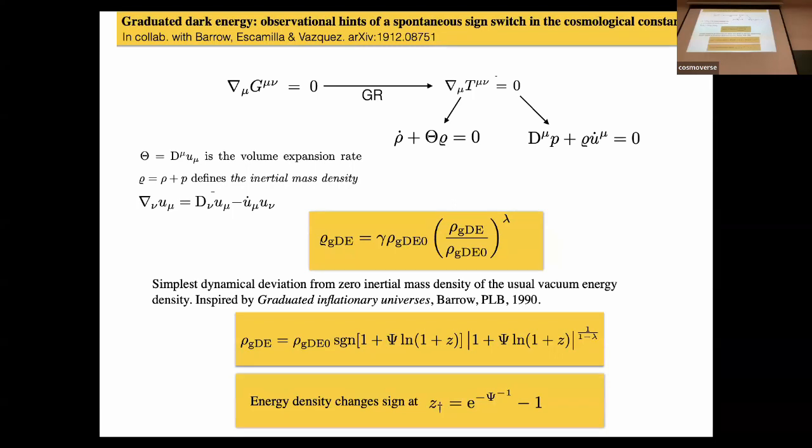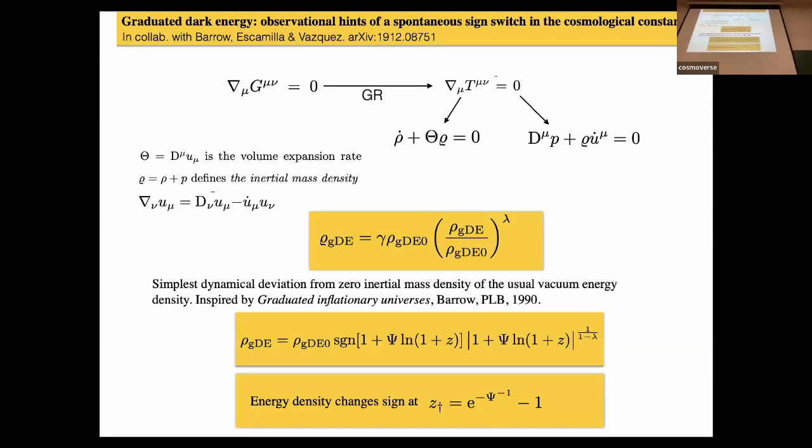Nihan will give a talk about that. The simplest deviation from zero inertial mass density of vacuum energy may be a constant, non-zero vacuum energy density. We studied that case, but then John remembered that he had this graduated inflation universe using exactly the same thing. This is the simplest dynamical deviation from zero inertial mass density of vacuum energy.